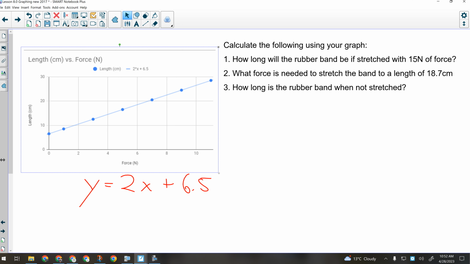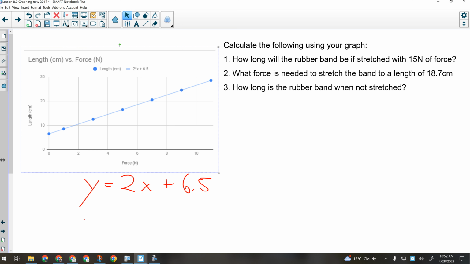Well, I can see from the graph that force in newtons is on the x-axis. That means that is an x value. Right? So I'm going to substitute in 15 newtons for x, and I'm going to solve for how long the rubber band will be when I stretch it with 15 newtons worth of force. Everybody follow what I'm doing there?